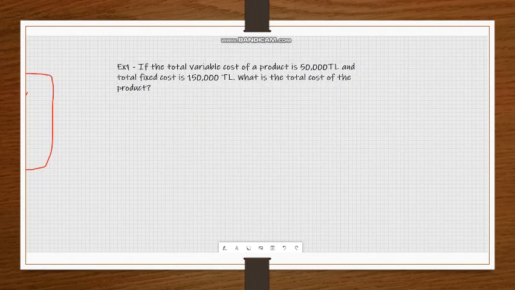It's just like primary school math. We know that the cost of variable is 50,000 and fixed cost is 150,000.